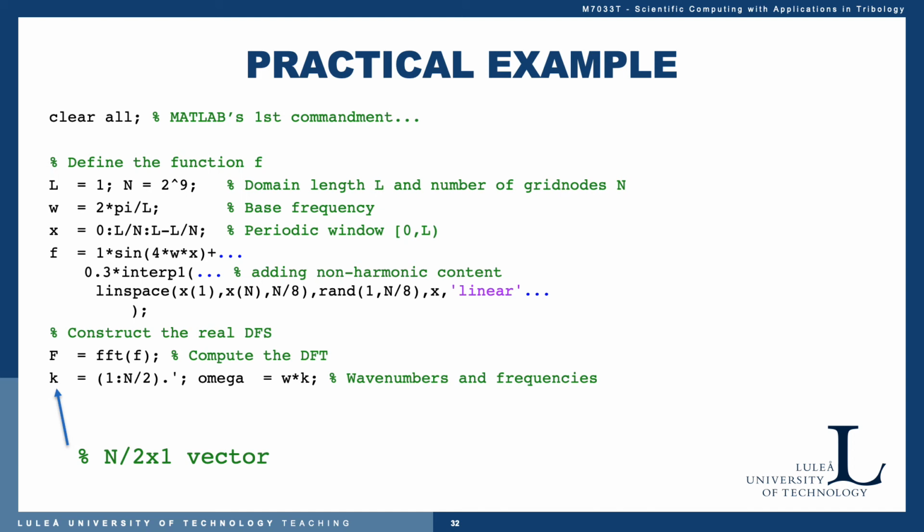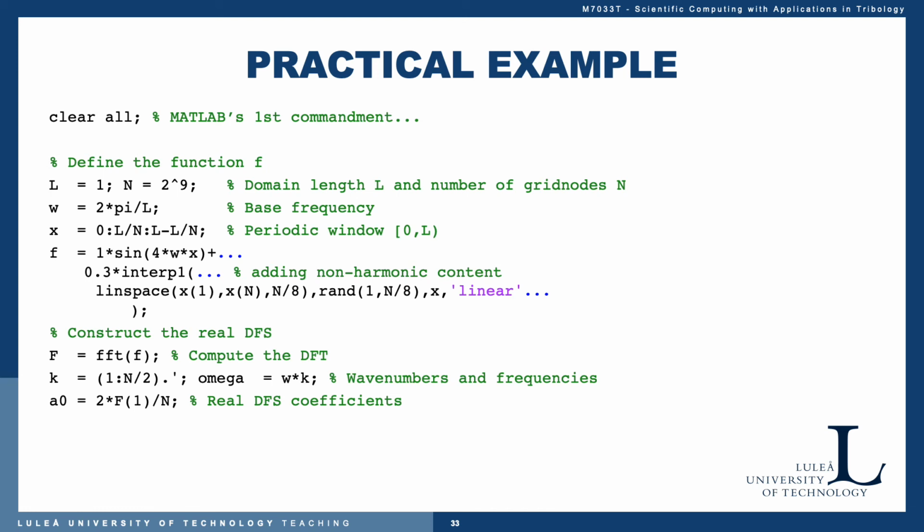So we have k are frequencies from 1 to n over 2, but we also transpose this one for later on. It will be better if we have k represented as a column vector than a row vector for the subsequent operations that we will perform. In this way we construct omega. It will also be an n half times 1 vector.